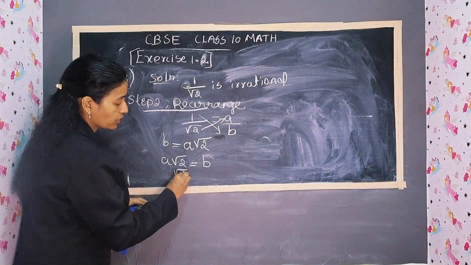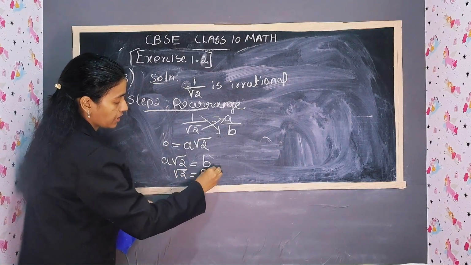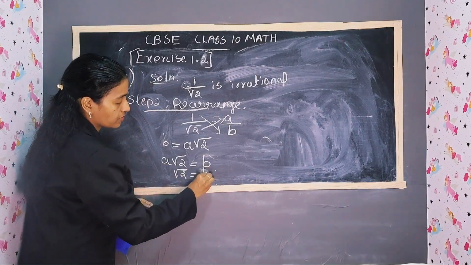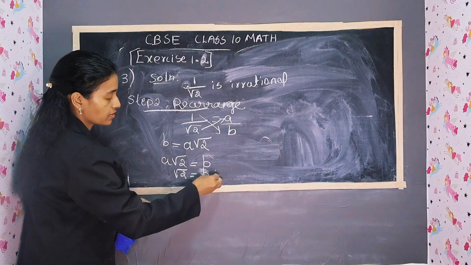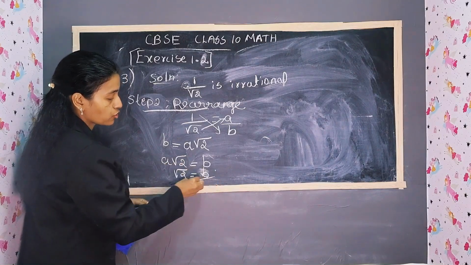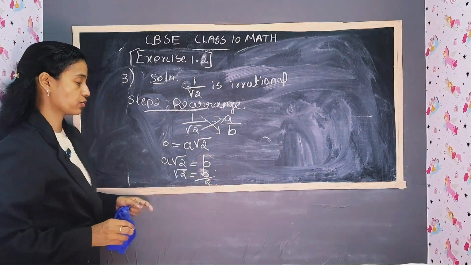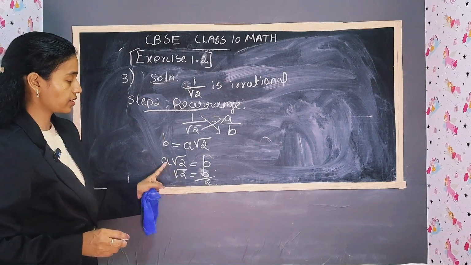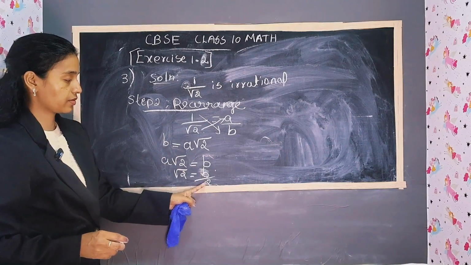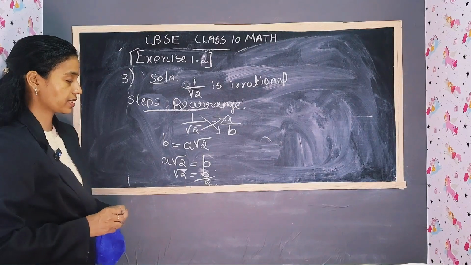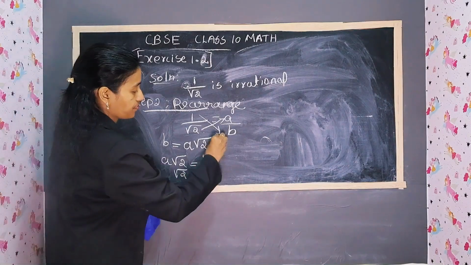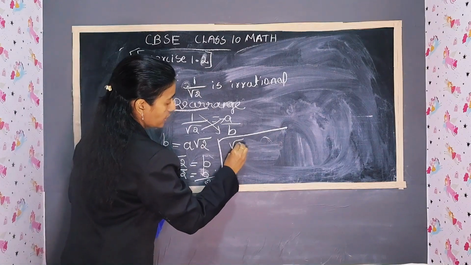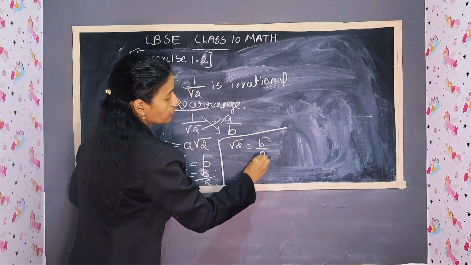So root 2 equal b by a. What we have found: root 2 equal b by a.